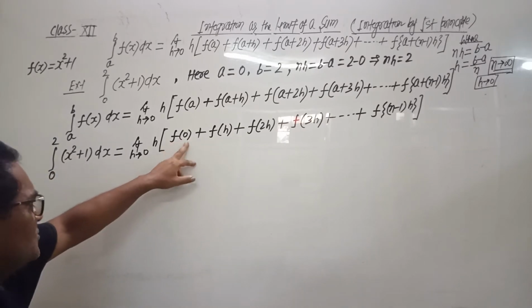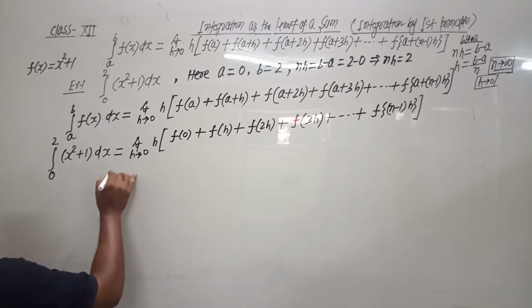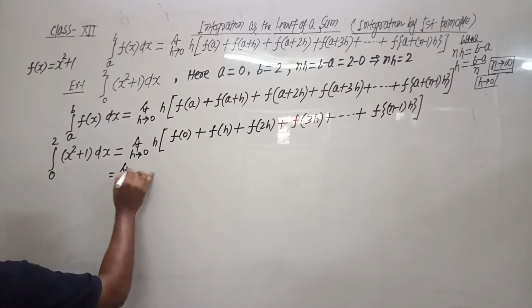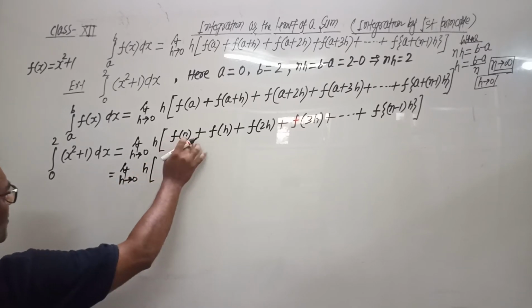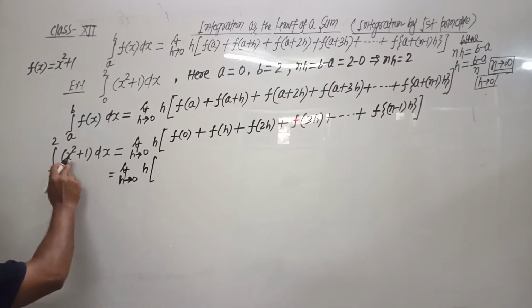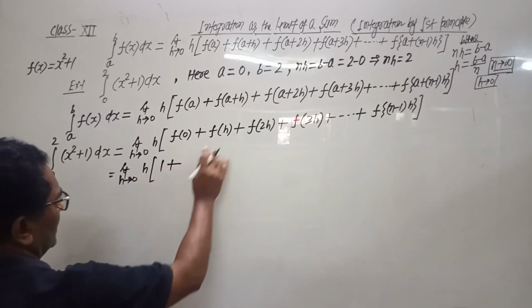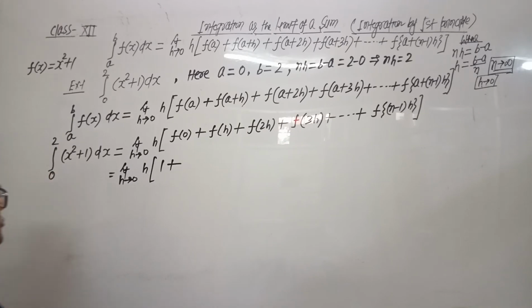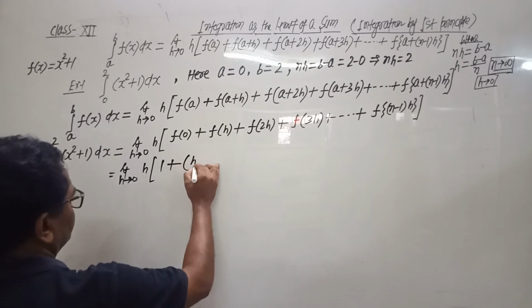To find f0, we put x equals 0. So we get limit h tends to 0, h as it is, f of 0: put x equals 0, so 0 square is 0, 0 plus 1 is 1. We get 1. Then we find f of h. Put the value of x as h, so h square plus 1.